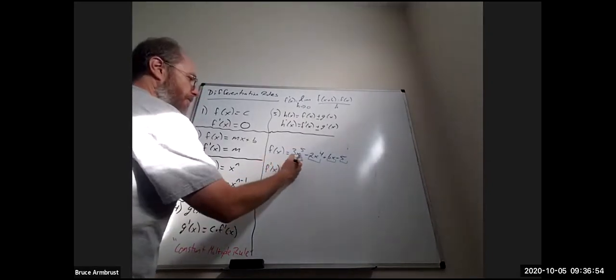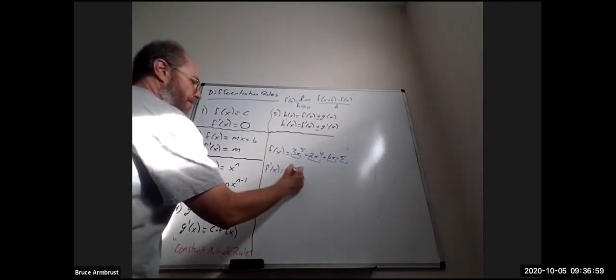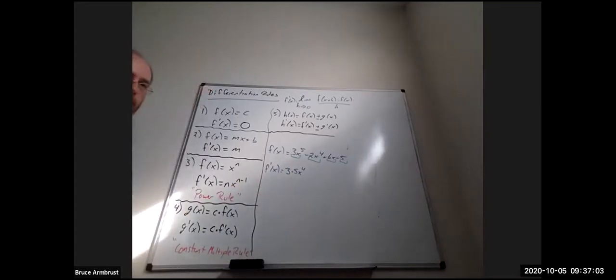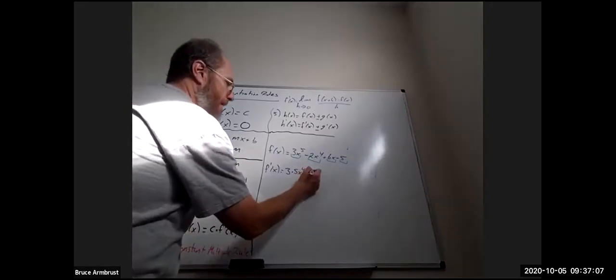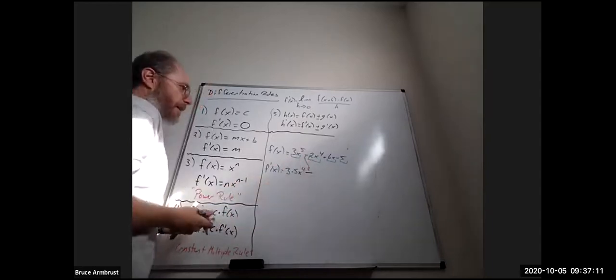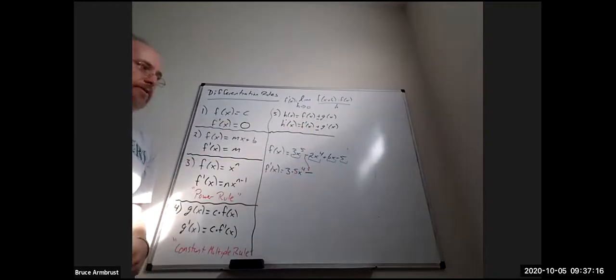The first one, 3x to the 5th. The 3 is a constant multiple. X to the 5th is going to give me 5x to the 4th. So that's 3 times 5x to the 4th. Now I'm going to put a minus, and that minus is just carrying down, because when I have subtraction of functions, I differentiate each one separately and subtract.